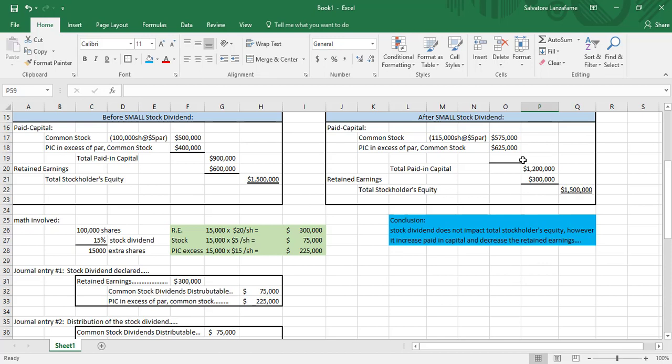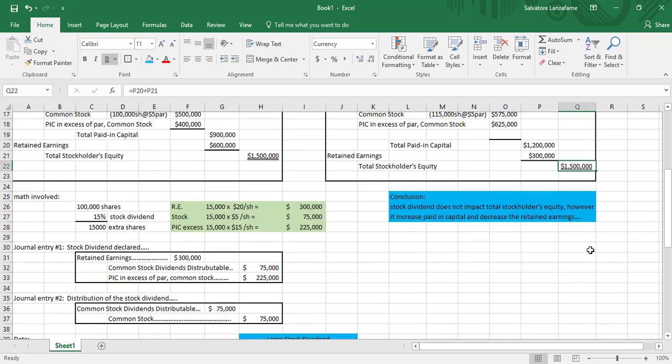So we had 575 as common stock, and then an additional amount went into PIC. So we saw a change of 300,000 from pre-stock dividend to post, and then a decrease in retained earnings by 300,000. Those 300,000s offset each other, left us with 1,500,000.